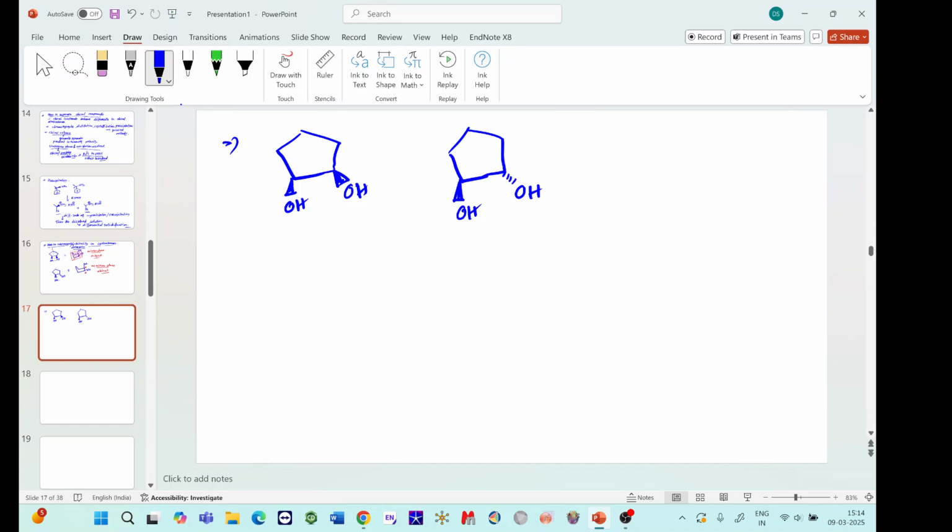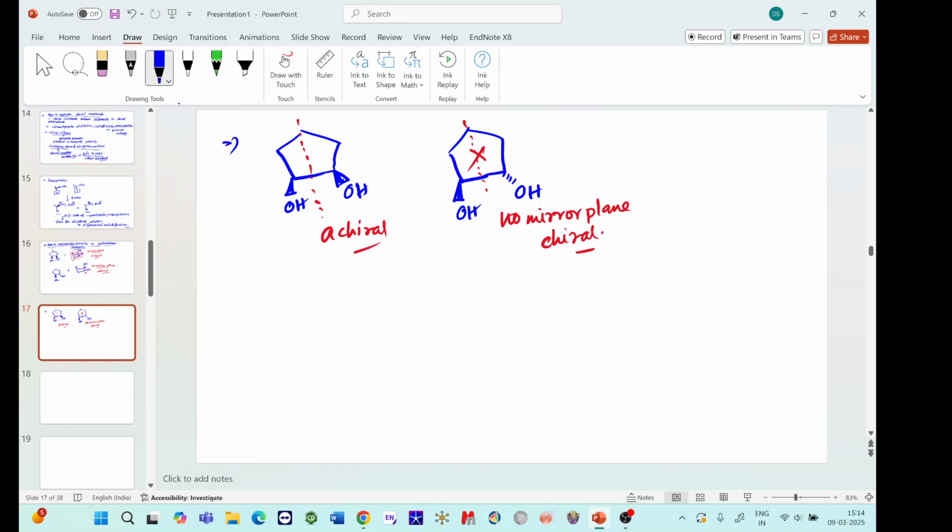So based on the previous idea, what you can observe is that here you have a mirror plane. You can divide it into exact half, so it will be achiral. But this one you don't have any mirror plane out there. This one will be chiral.